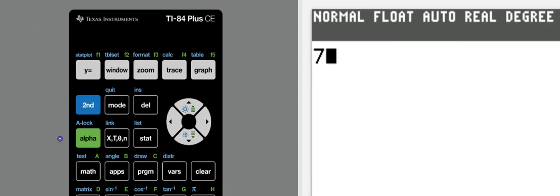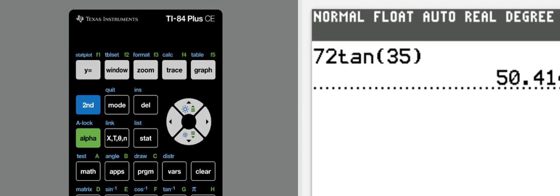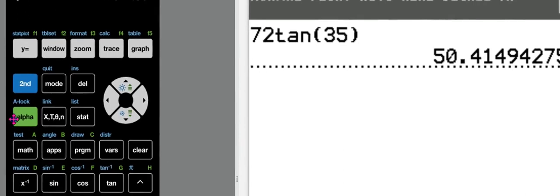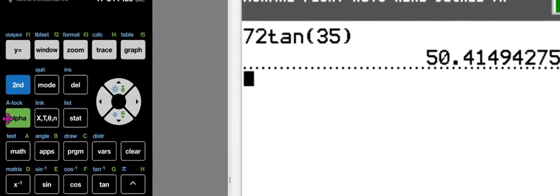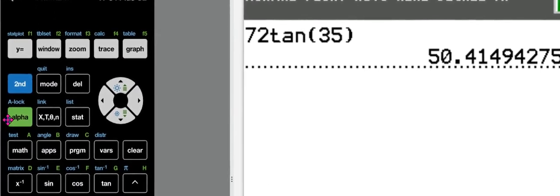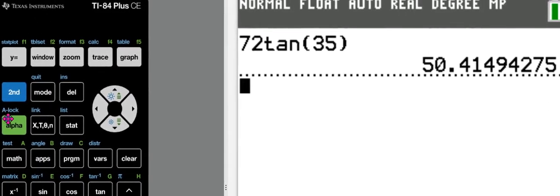And I'll use the calculation 72 tangent of 35 degrees. And notice that the tangent button is right next to the caret.